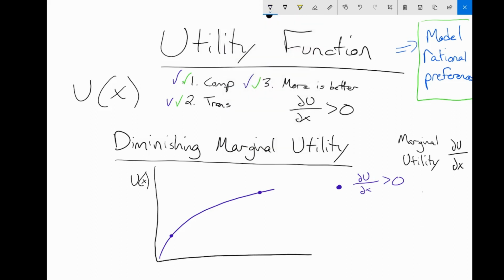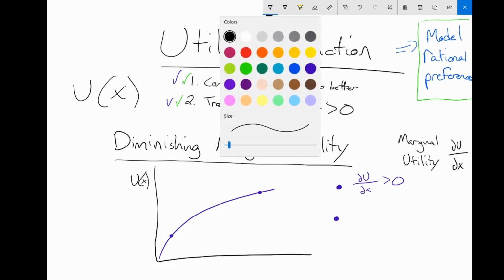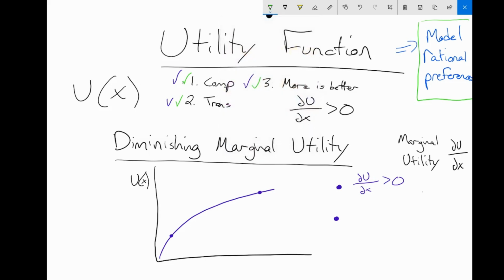Now what characteristic does this need to have? What mathematical property would capture this diminishing marginal utility? Can anyone think of it? Think back to our math lectures. We talked about concave functions and convex functions.